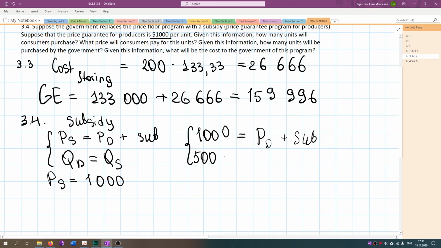And now let's recall what was our equation for quantity demanded and quantity supplied from the previous case, and just rewrite it. So instead of price for suppliers, we will put 1,000.